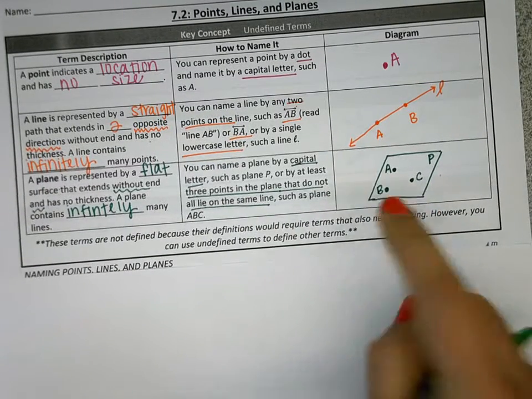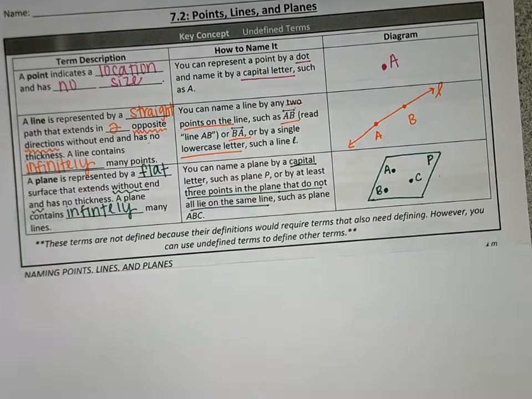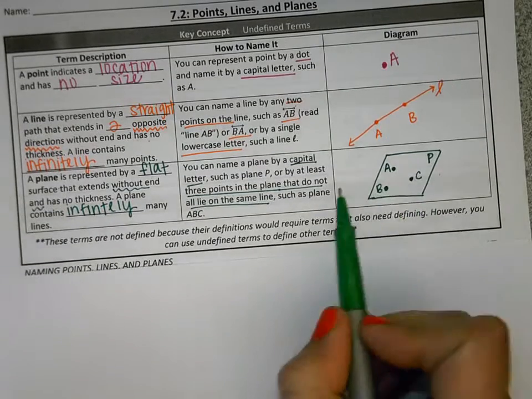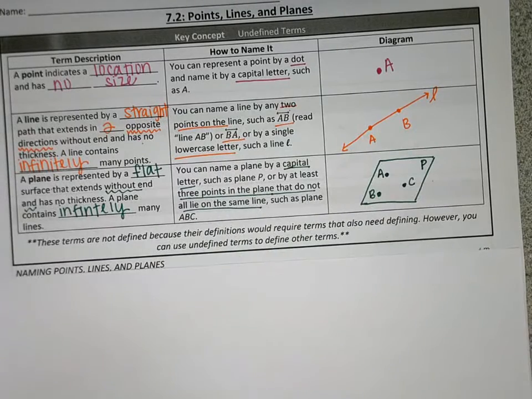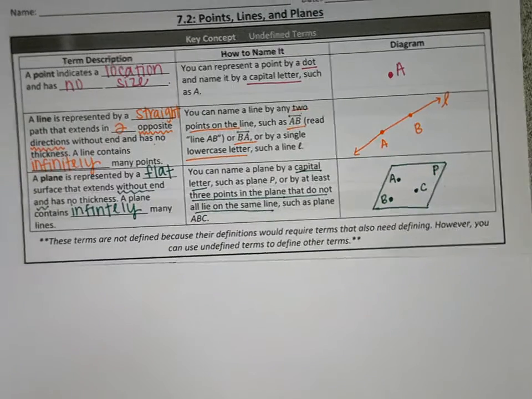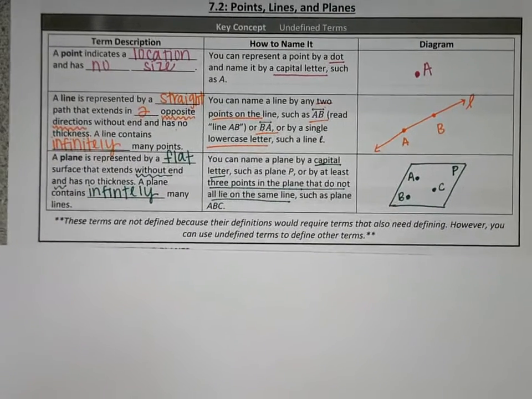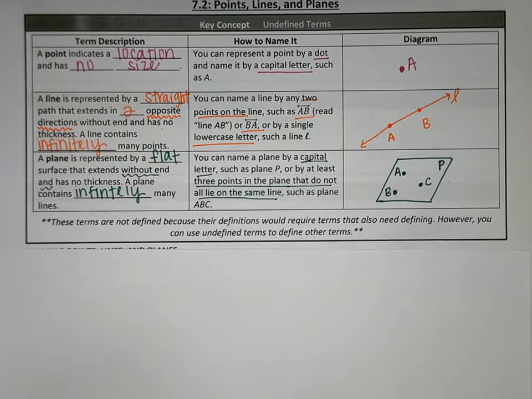They don't all line up, right? So we can name the plane A, B, C. Okay, so you would write the word plane and then write the capital letters A, B, C. The order doesn't matter, just like on a line.